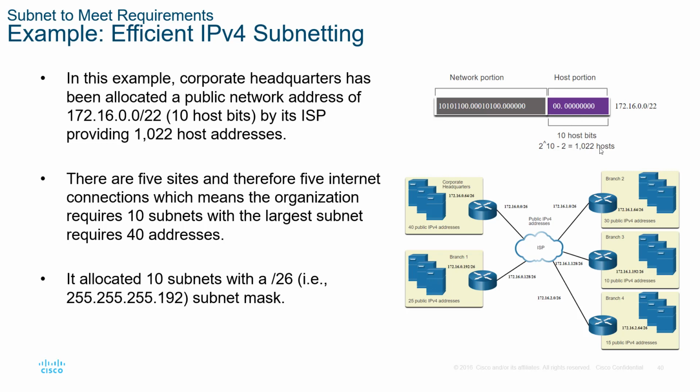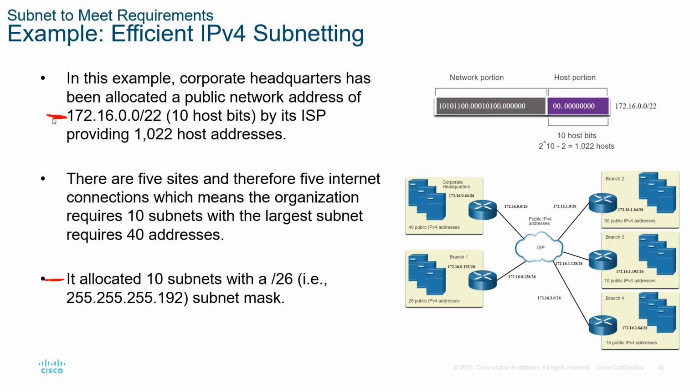We get our 1,024 addresses minus the 2 for our usable. So again, here this is going to allocate 10 networks, but each network is not going to be 1,000 hosts. If we need 1,000 hosts, we're going to need a /22.